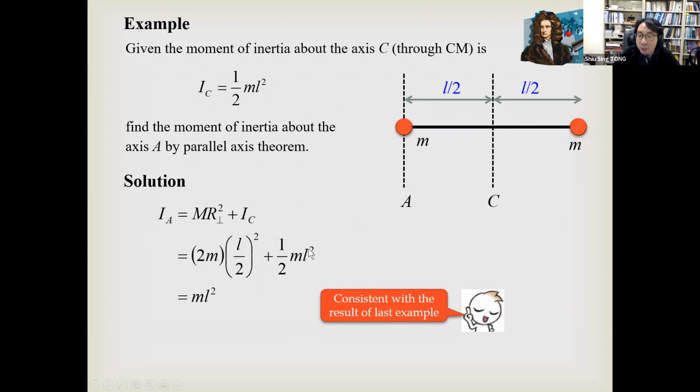And if you add this to this, you get ml squared, right? And that's exactly the result you got in our previous example. In our previous example, we actually worked in a fundamental way to find out IC and IA respectively. Now you can see they are just related by using the parallel axis theorem.